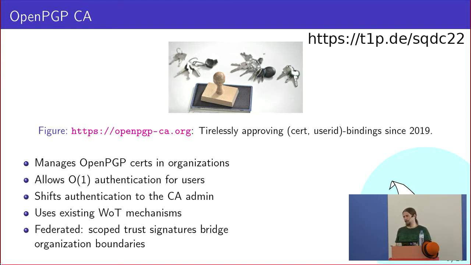And we do that by shifting the authentication part to a CA admin. And the neat thing is we produce cryptographic artifacts that existing programs like GnuPG can use with their Web of Trust implementation. And if you have that in place in some organization, you can bridge to another organization, and we will come back to that in a moment to see how this can help Debian securely connect with downstream and upstream projects.